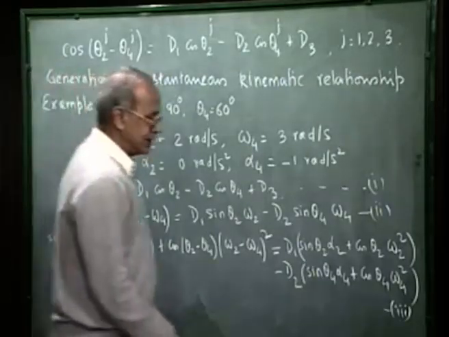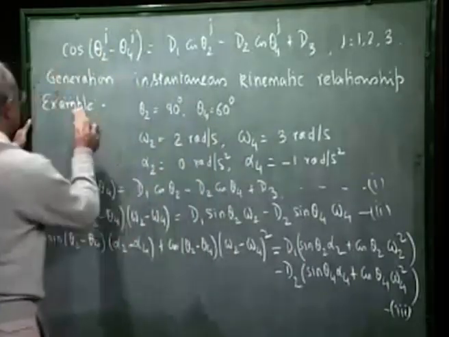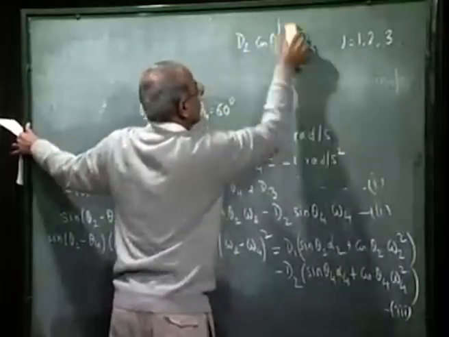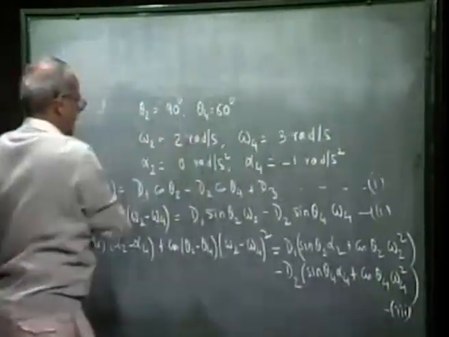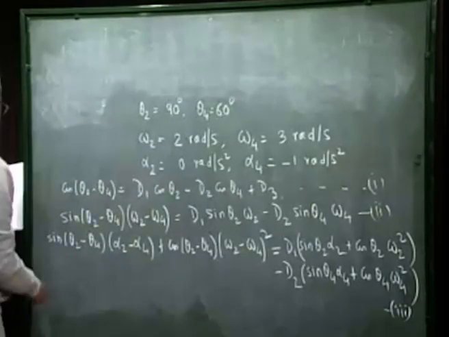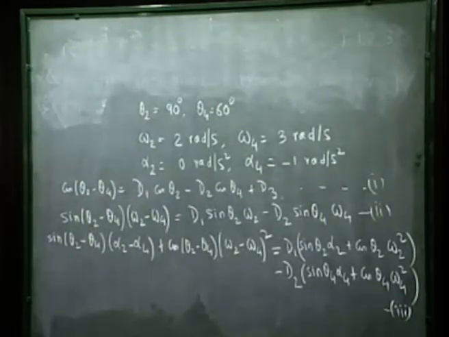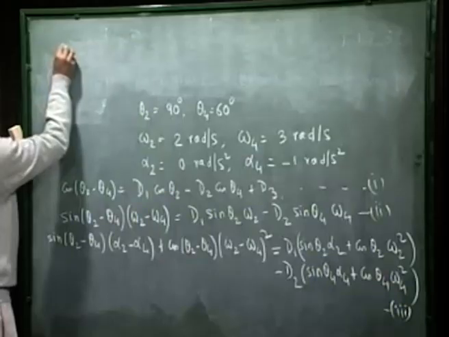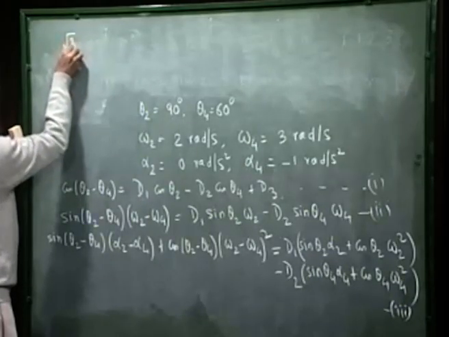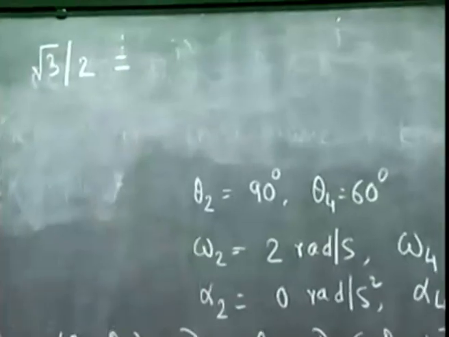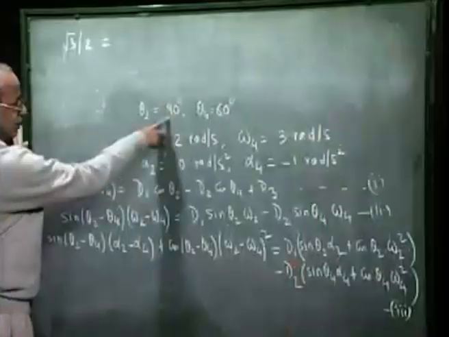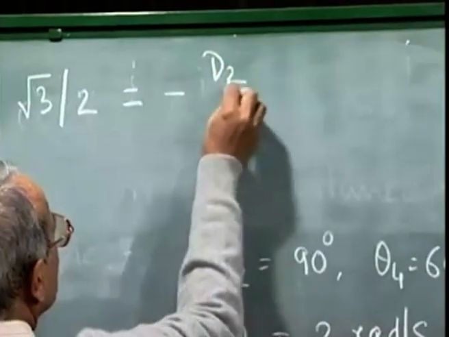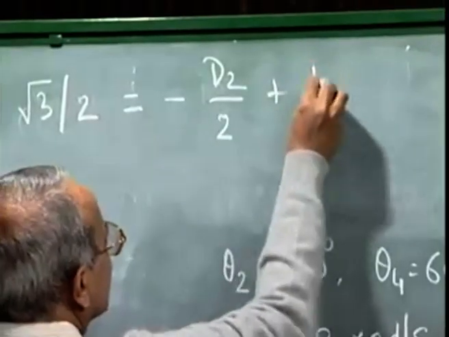If I substitute in the first equation theta 2 equal to 90 degree and theta 4 equal to 60 degree, we get 90 minus 60, that is cos 30 degree, that is root 3 by 2, is equal to d1 cos theta 2 is 0, minus d2 cos 60 degree is half, minus d2 by 2 plus d3.